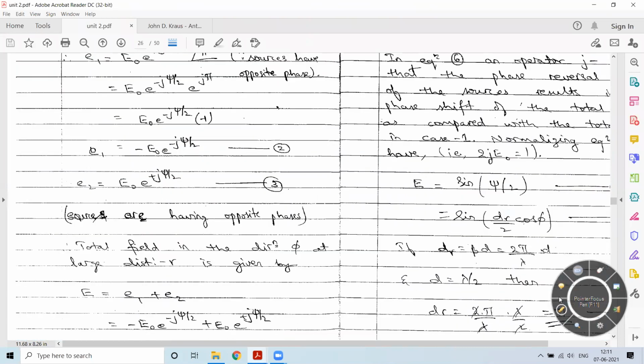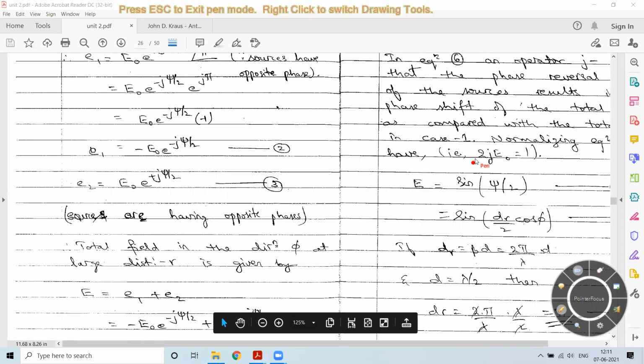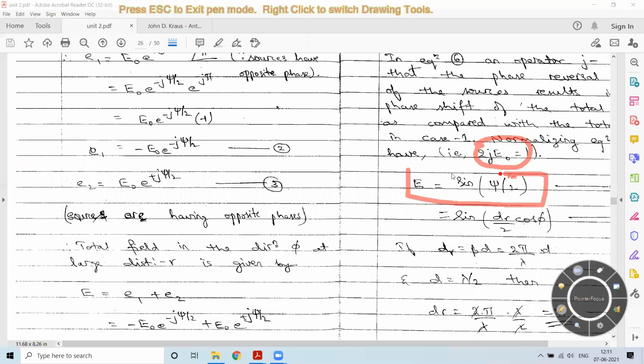So here you can see that we are equating this one to 1, and when we consider that value, we'll be having the field which is represented as sine psi by 2. So this is the value I am having.